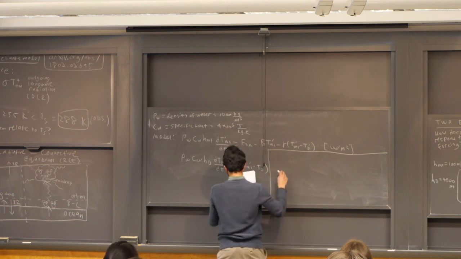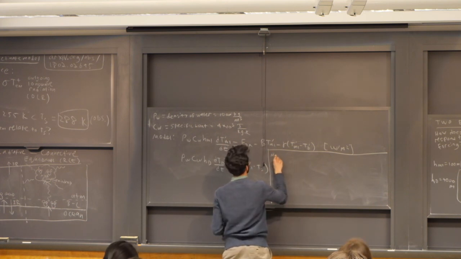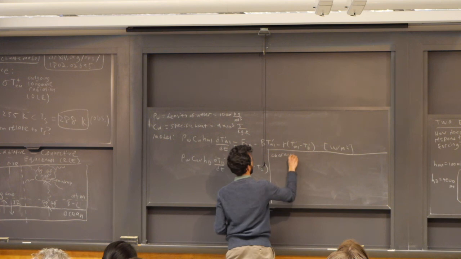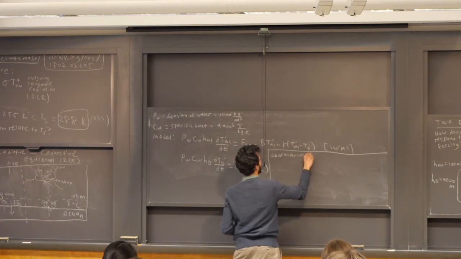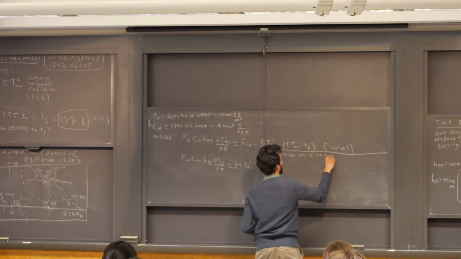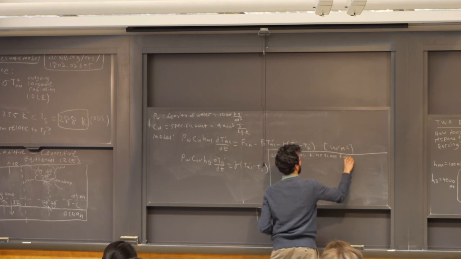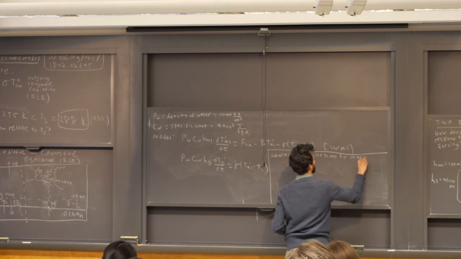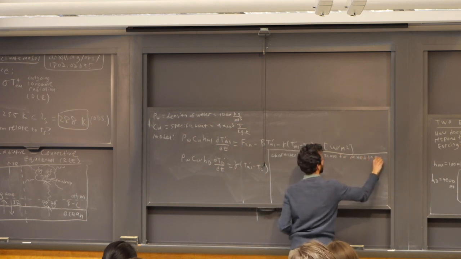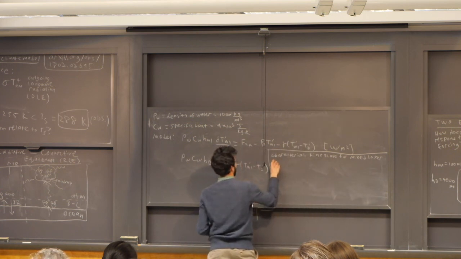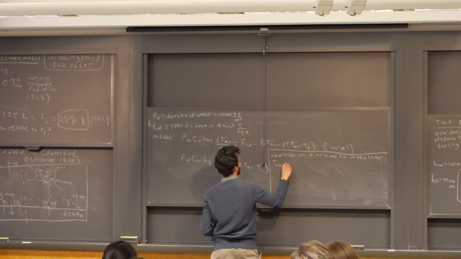So, a characteristic time scale for the mixed layer. I'll call this tau ml.